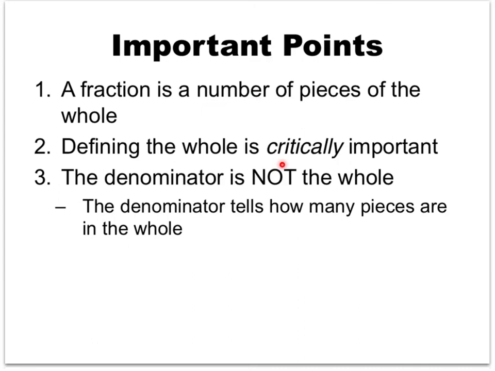And then third, another very important point, the denominator is not the whole. The whole is the large object that we're interested in. The denominator simply tells us how many pieces the whole was divided up into. So again, the denominator is not the whole.